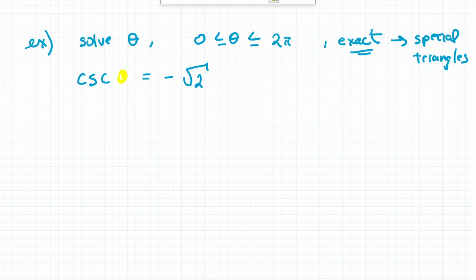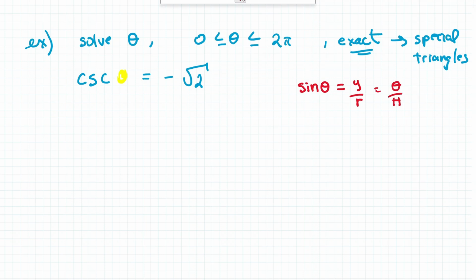Okay, so let's consider our trig ratios. Again, if you need some background with this, please watch my trig ratio video. So just for reference, we have that sine theta equals y over r, which is our opposite over hypotenuse, and r is our radius.